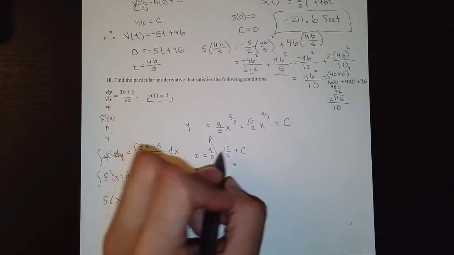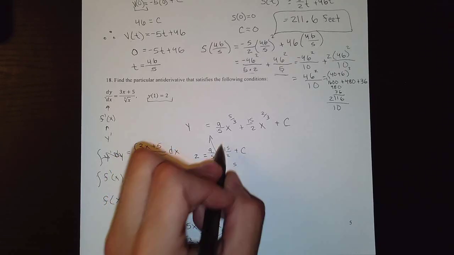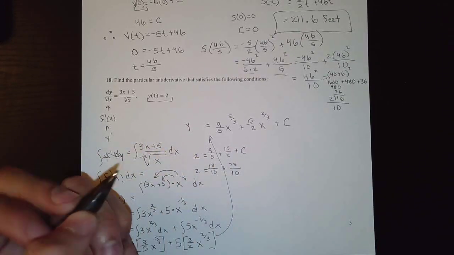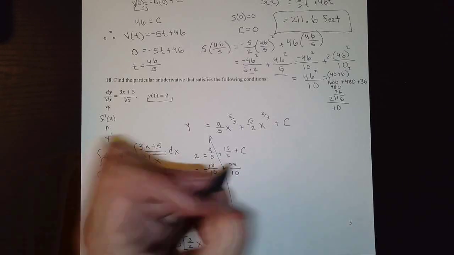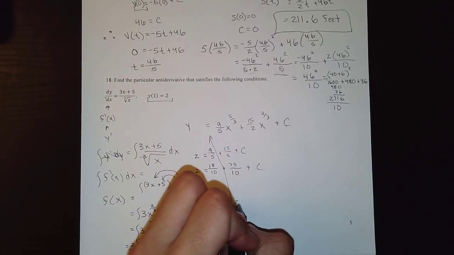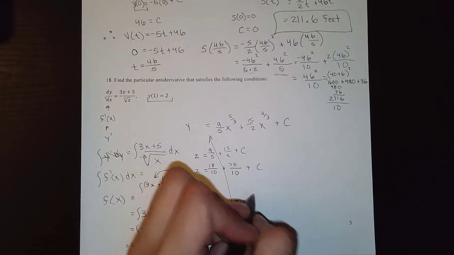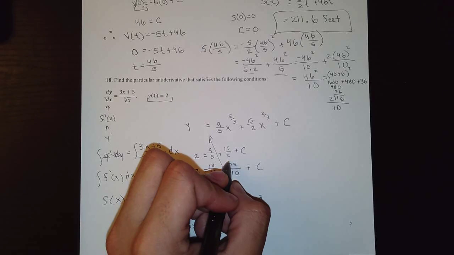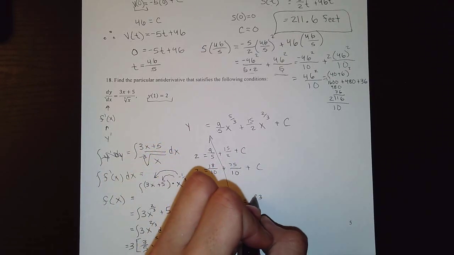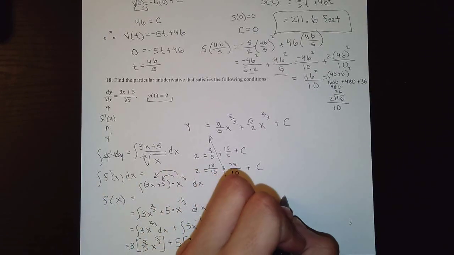I know 5 times 5 is 25, 5 times 1 is 5, and then add the 2, so you get a 7 over 10 plus our c. And now I also have 2 equals 8 plus 5. That's a 13, so 3, carry the 1. 7 plus 1, that's 8, plus another 1, that's a 9, over 10 still, plus our constant.